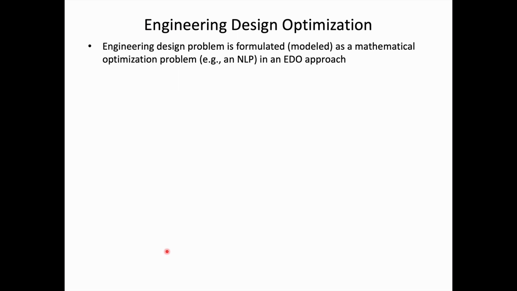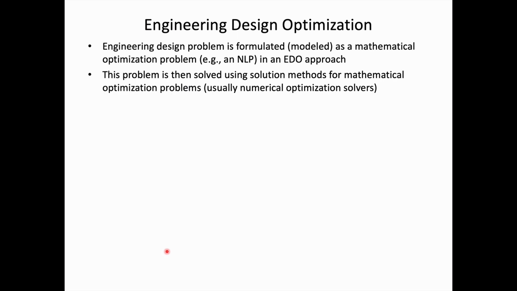There is a difference between the real engineering design problem that the human engineer or engineering team needs to solve versus the mathematical optimization problem. The mathematical problem is really just a model of the decisions that we need to make as design engineers.